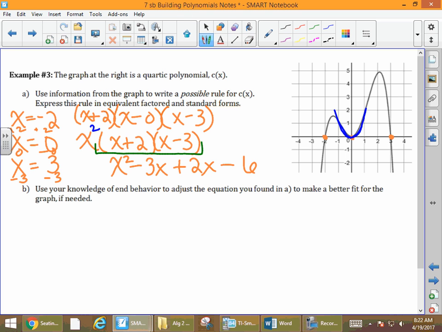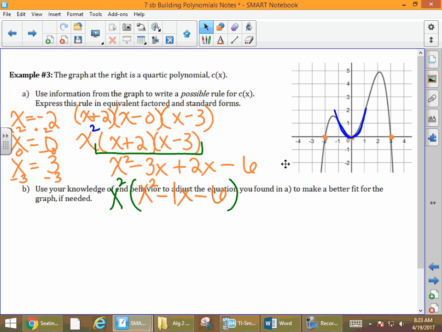If we combine like terms, then we end up with x squared minus 1x, and no, you don't have to write the 1, minus 6. But don't forget that we haven't dealt with that x squared. So we multiplied the two binomials together.